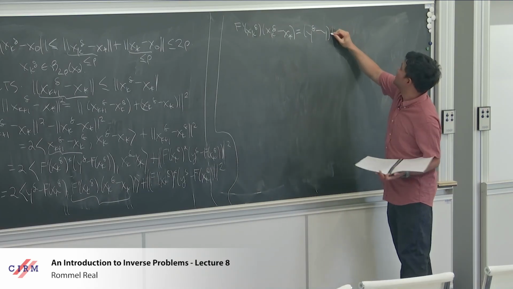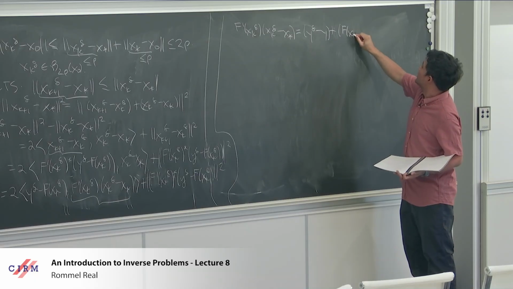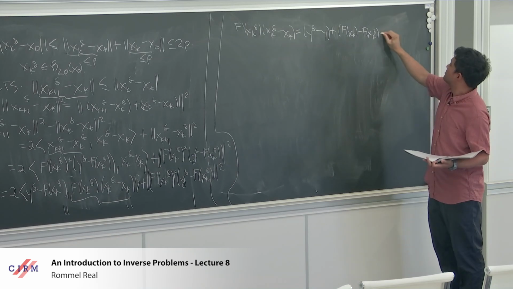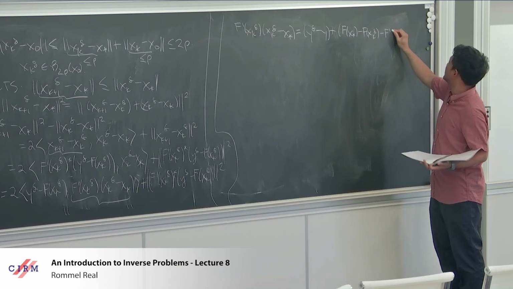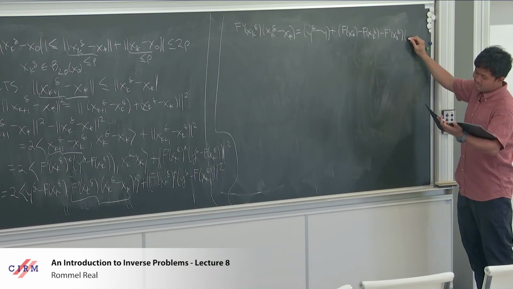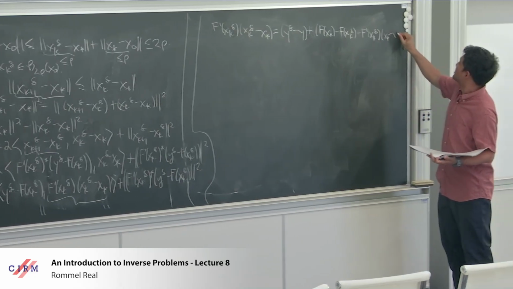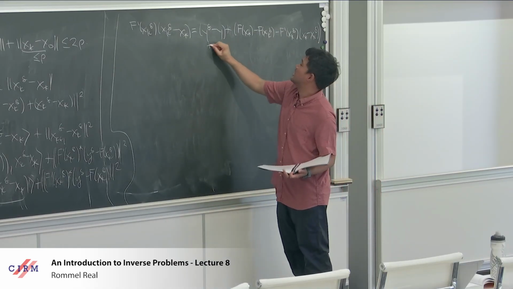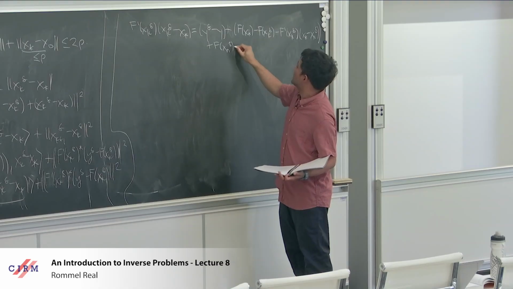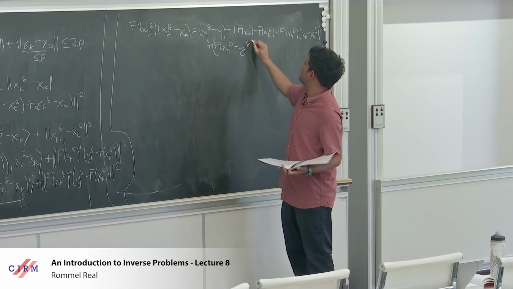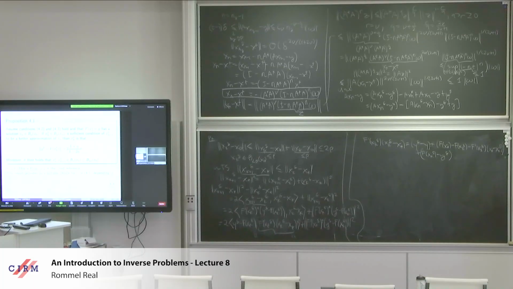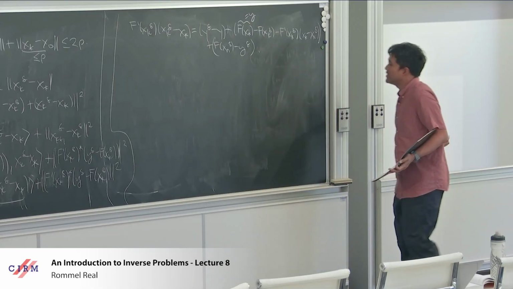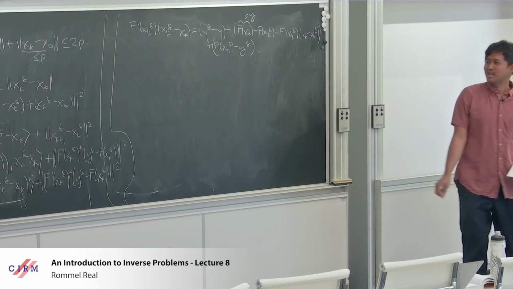Delta minus y plus f of x star minus f of xk delta minus f prime of xk delta times x star minus xk delta. And then plus f of xk delta minus y delta. Okay? Note f of x star is just y. We just use it because we want to use the nonlinearity condition.